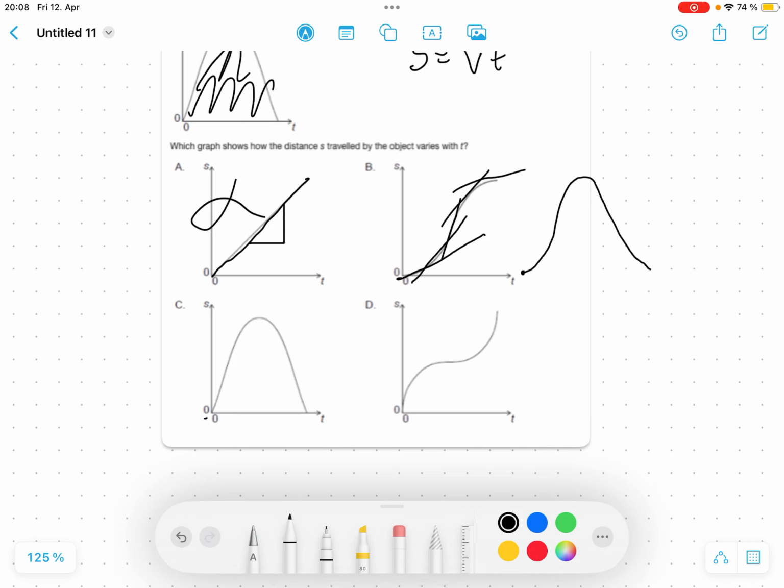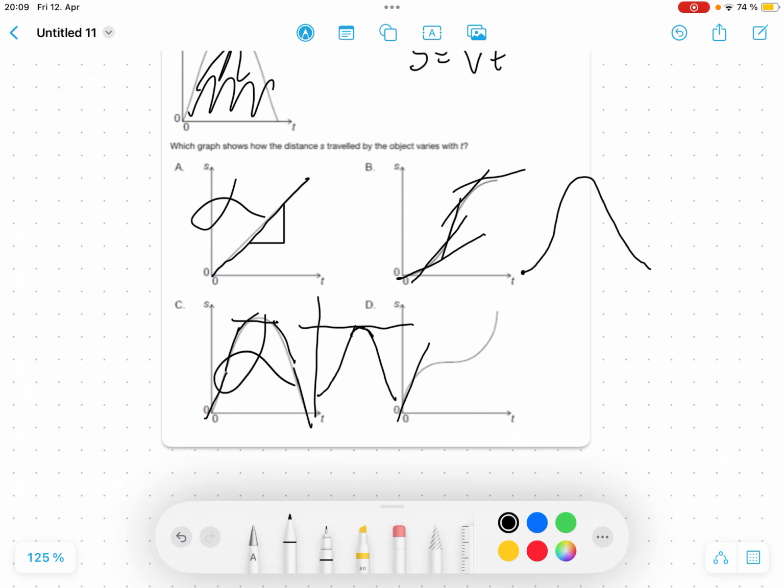Now, if we tried to draw tangents here, we would see that it's increasing, then 0, then decreasing. So this means that we would get something like this, which is underneath here, reaches 0, and then starts to decrease again. So this option is wrong as well.